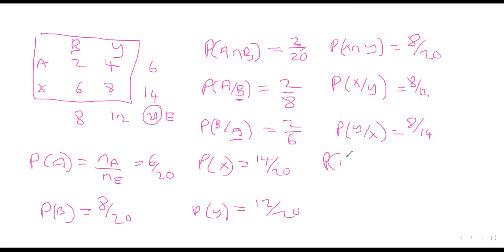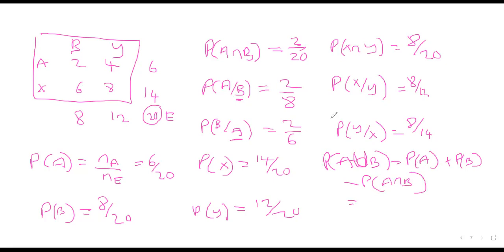Therefore, what is A union B? Probability of A plus probability of B minus the intersection. So what is our A?